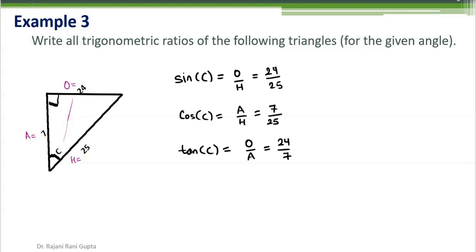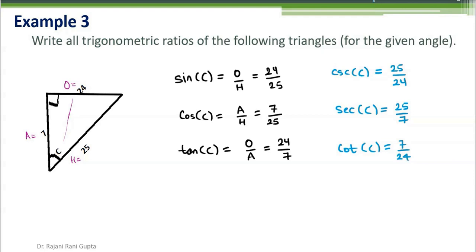And based on this, the other three trigonometric ratios: cosecant of C is the reciprocal of sine, so it is 25 over 24. Secant of C, reciprocal of cos, that is 25 over 7. And cot of C, reciprocal of tan, is 7 over 24. So this is how we find the trigonometric ratios.